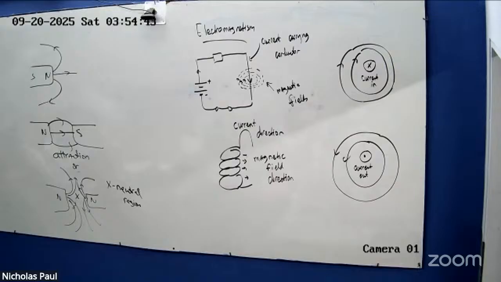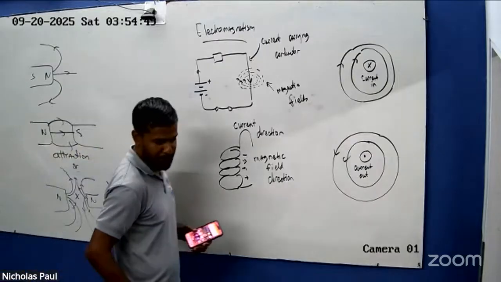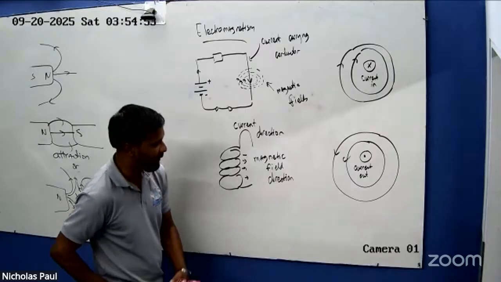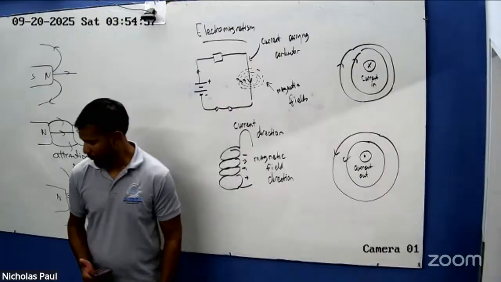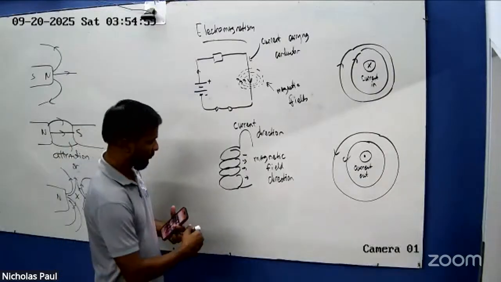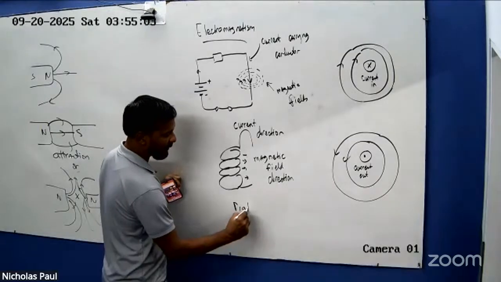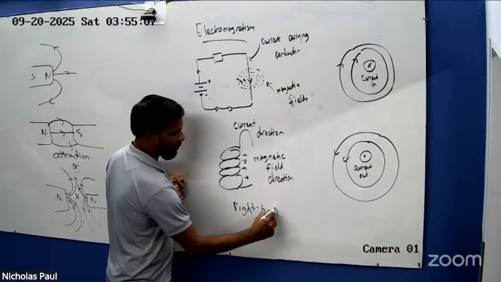So that's your writing name, right? The right hand grip rule. Writing name underneath the right hand. There's the first rule you're learning, right? The right hand grip rule.